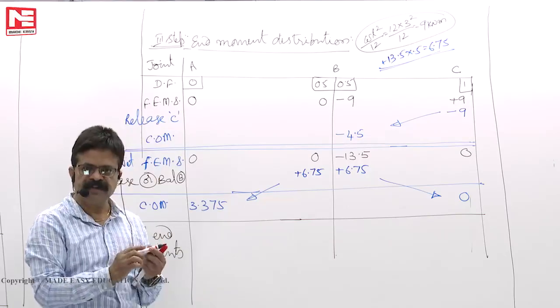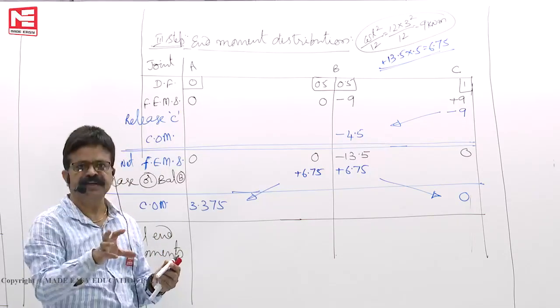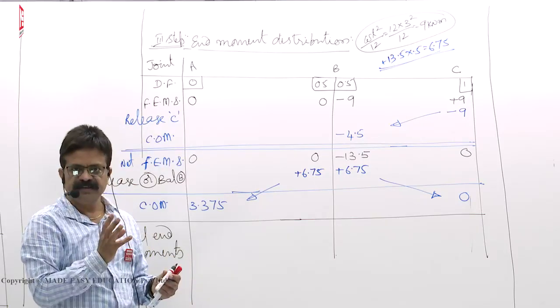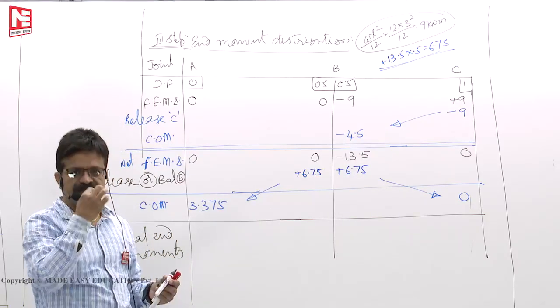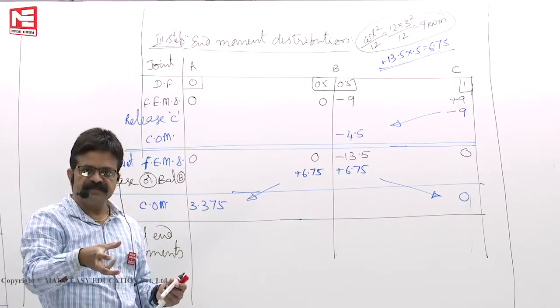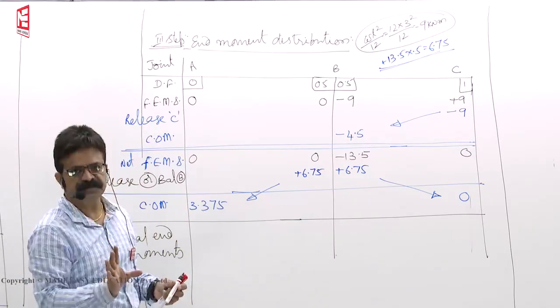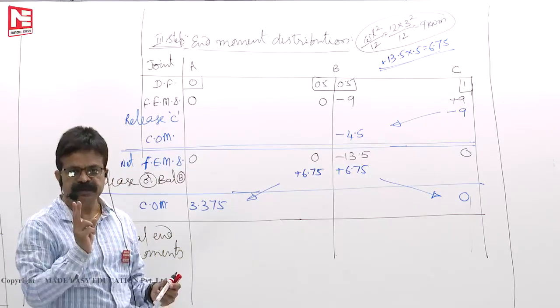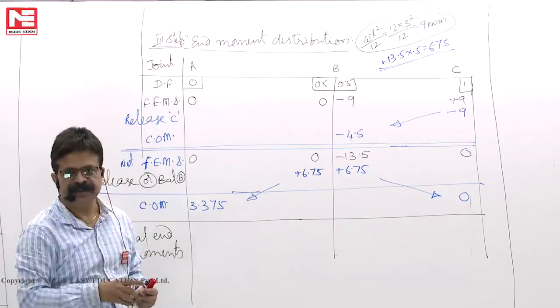Final end moments are at the rigid joints also, after rotation. What are the moments existing? When at a rigid joint, you see slopes will not be zero. They rotate. They take moment. They deform. They rotate and stop. So what you get is the final end moment, which can be different from the fixed end moment.